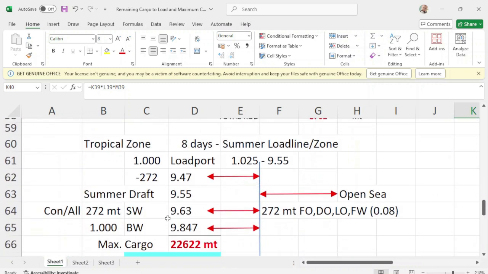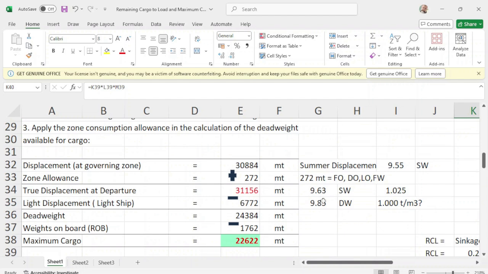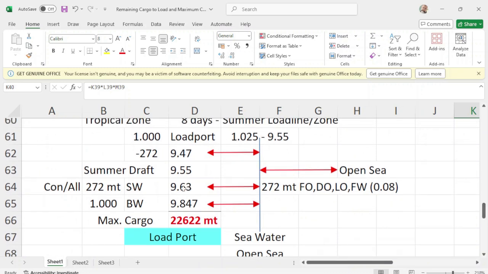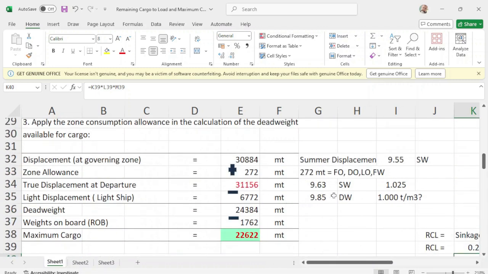If you apply the zone allowance, that will be 9.63, or the 272, which is this one. So your drop will be 9.63 in salt water, and you convert this to your local density 1.00 brackish water, that will be 9.85, which is this one.